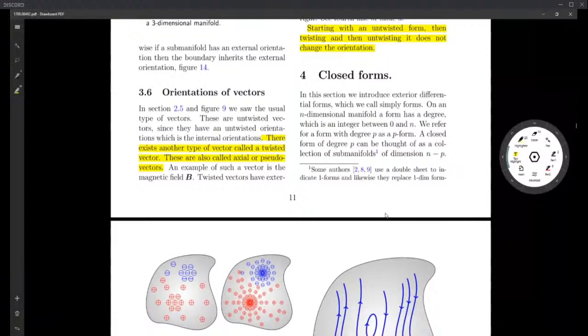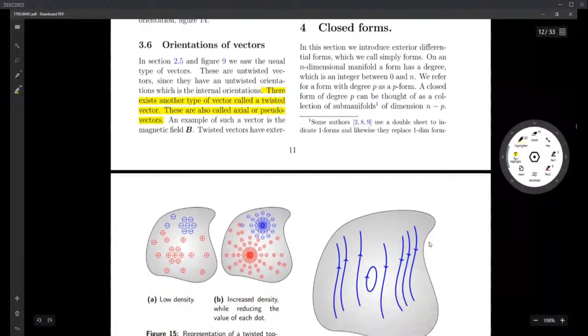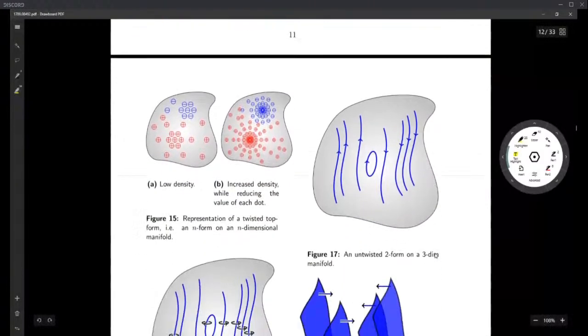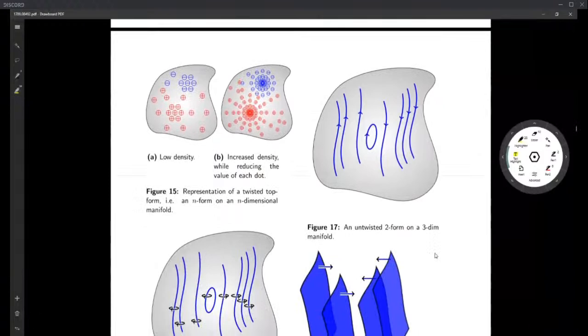So when an object doesn't have a coordinate system, how would you perform calculus? How would you find the derivative at one point of the manifold or the integral around that manifold? There is a small question there, and that is where forms come in, right?